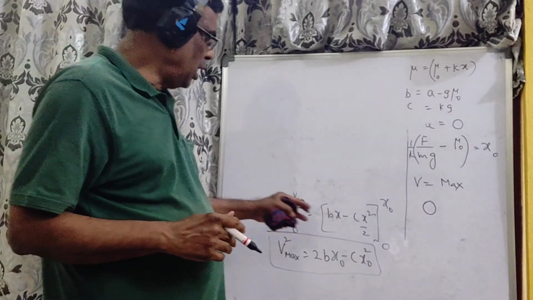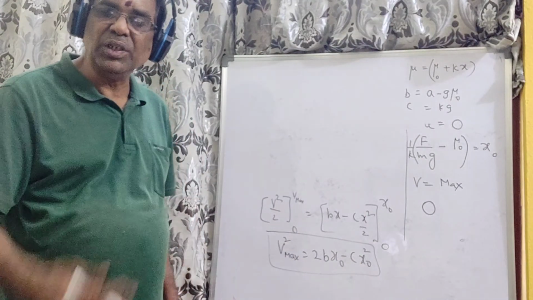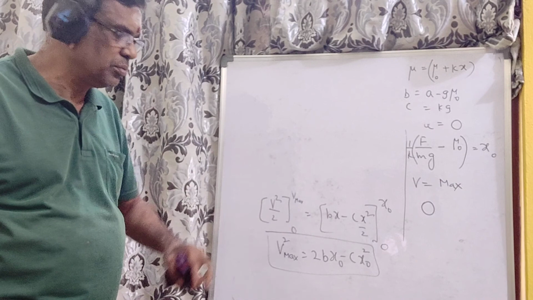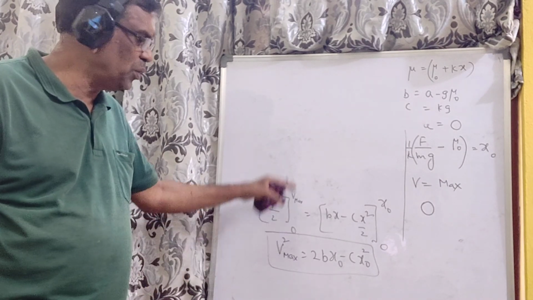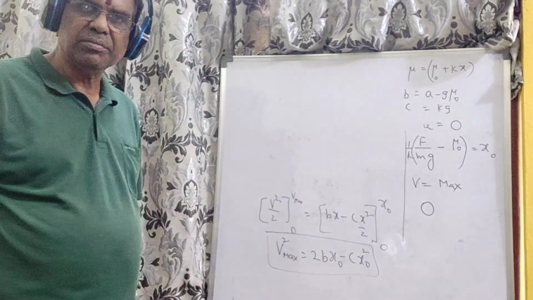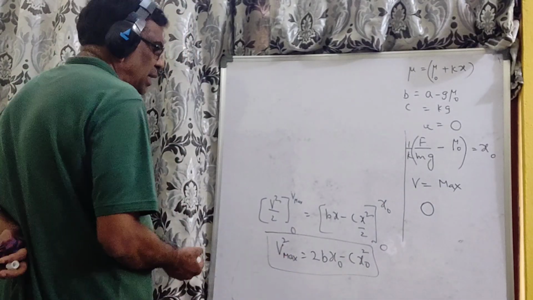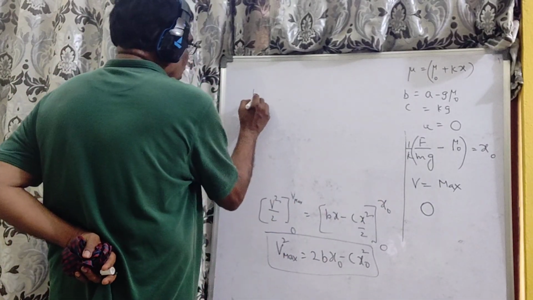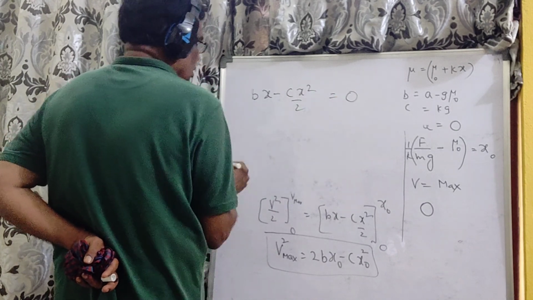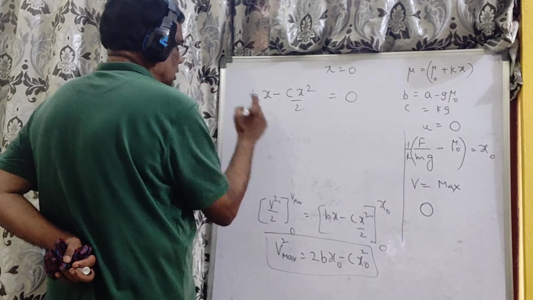Supposing I want to know when this velocity becomes zero, where does the body stop? So I'll take velocity from 0 to 0. Then the whole thing becomes 0, so with x from 0 to x, you have Bx minus Cx square by 2 is equal to 0. One solution is of course x equal to 0, where velocity is 0.